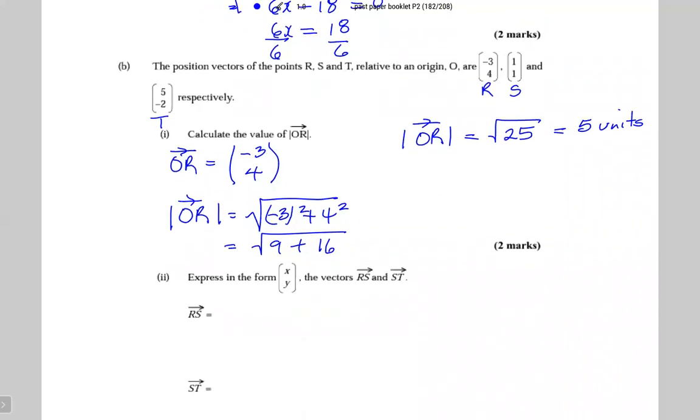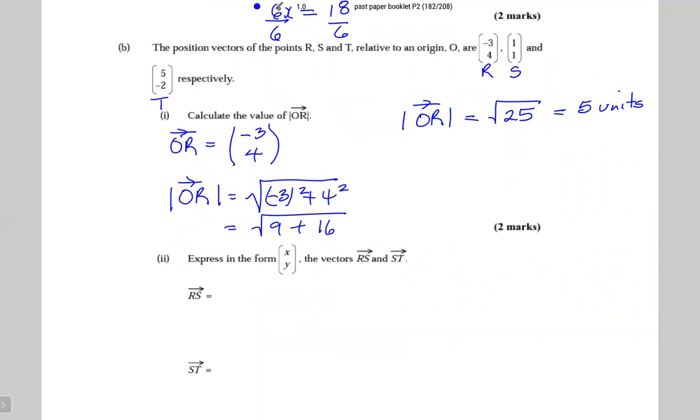We are to express the vectors in the form the vector RS and ST. Well, RS would be equal to RO plus OS. This is the triangle law of vectors. Start at R, end at S. The next letter must be in the middle. RO is minus OR.